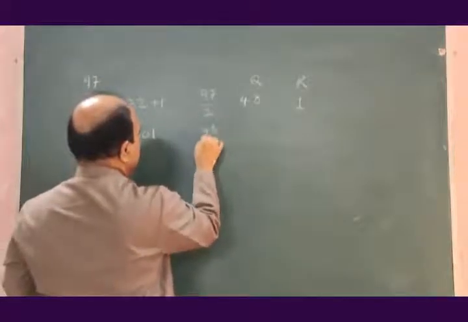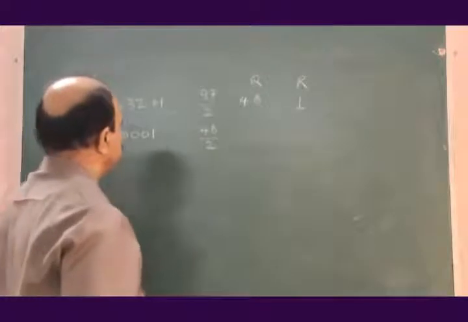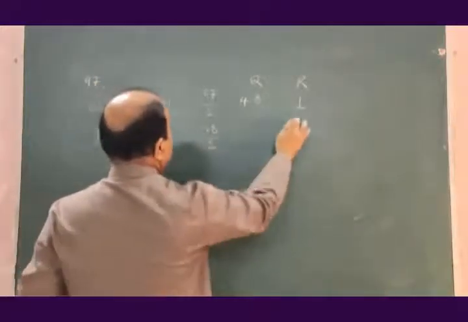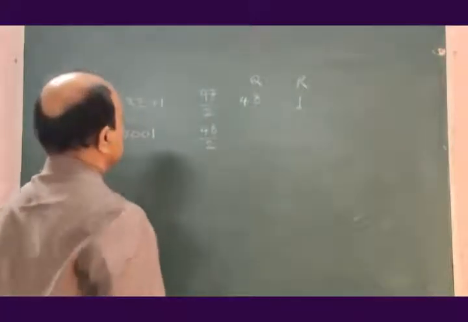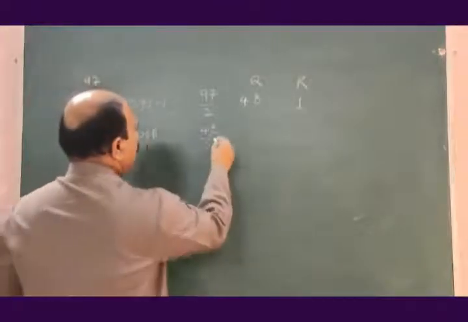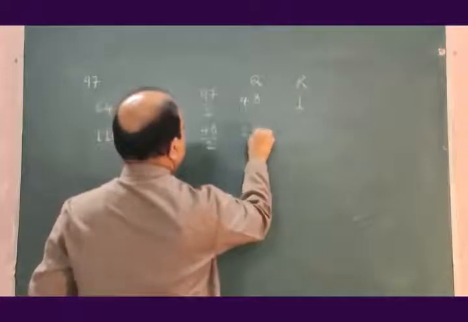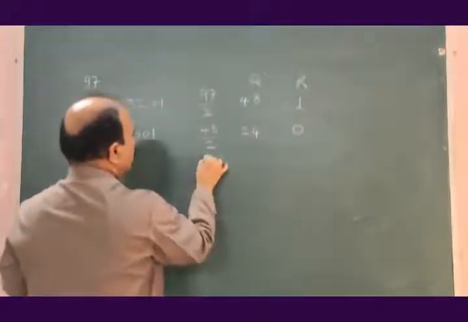48 divided by 2. 2 2s are 4, 2 4s are 8, remainder 0.